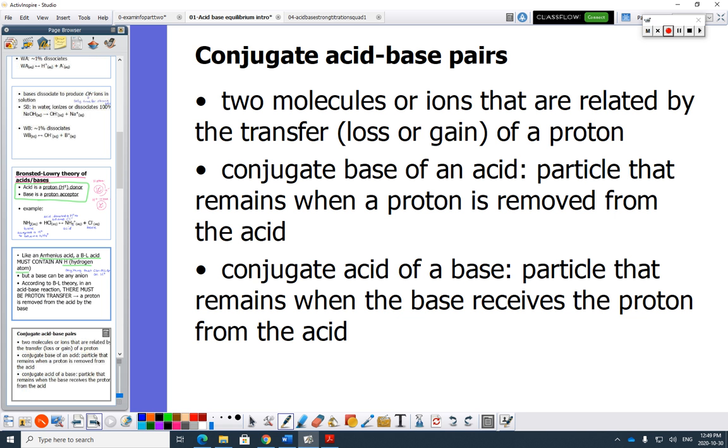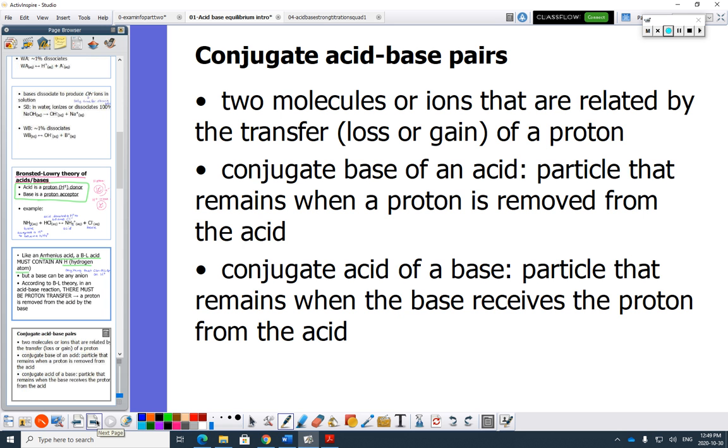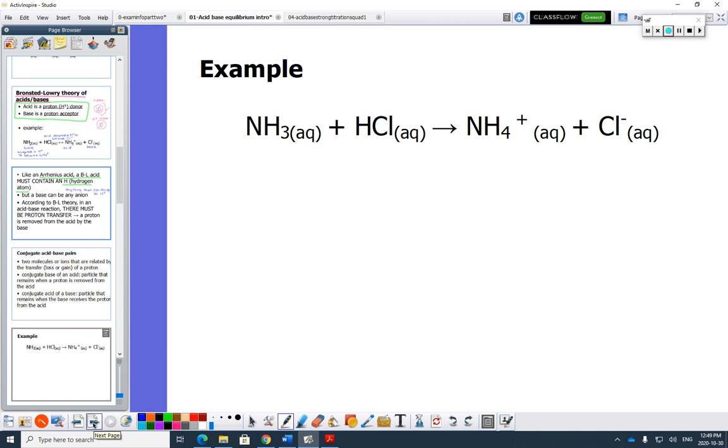What you're saying is, the way we wrote this, NH3 base accepted a proton to become this acid. So these are a pair, a base and an acid together, related by proton transfer. So here, this is the same example. If you just want to quickly go in, base, acid, acid, base.